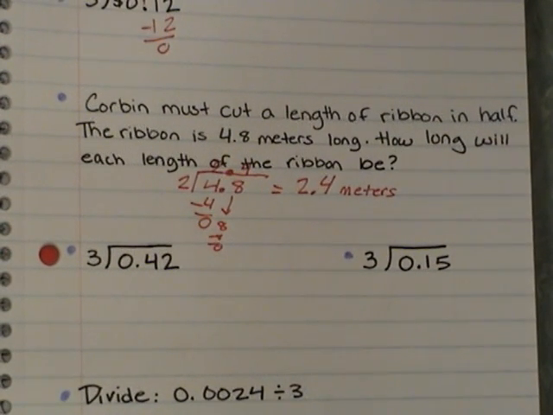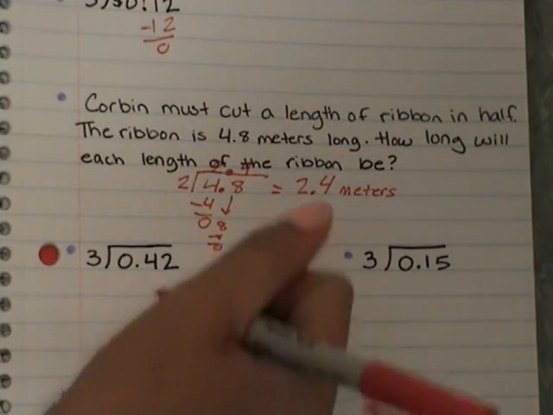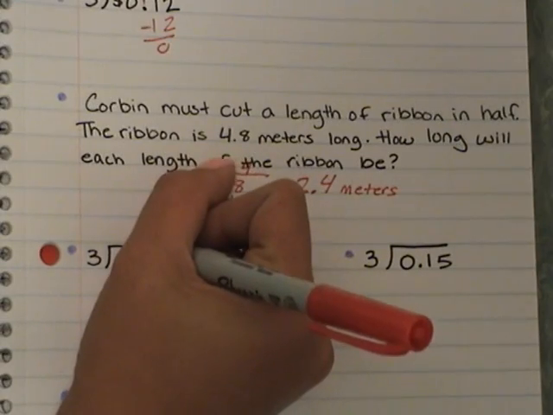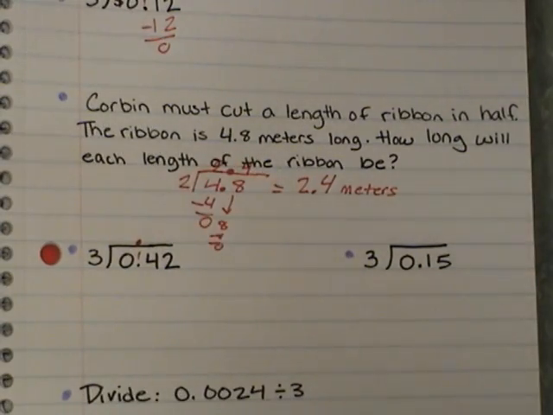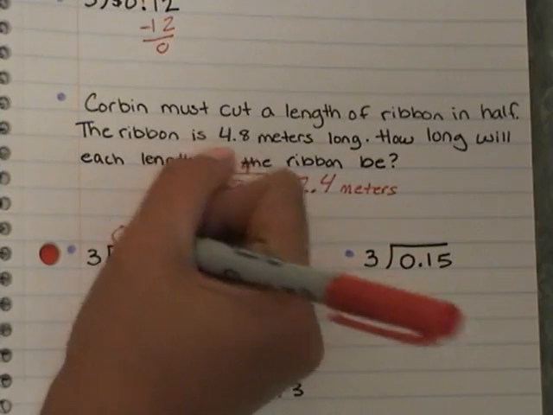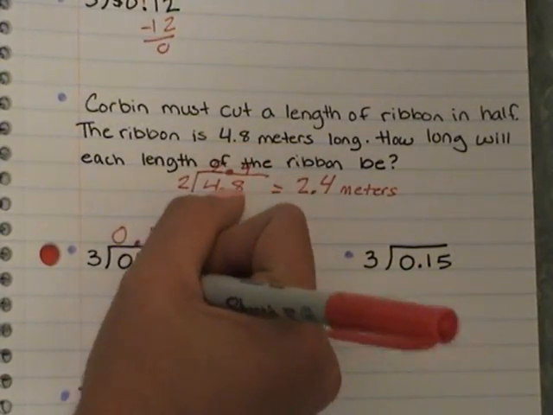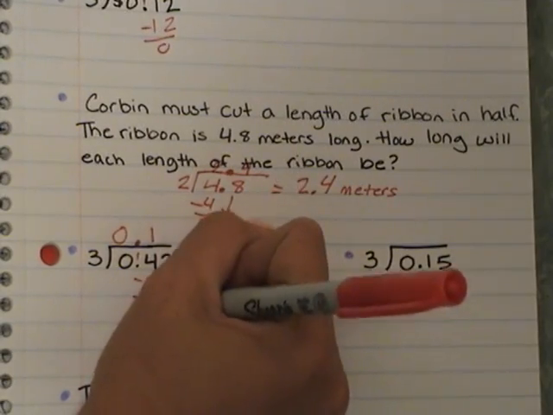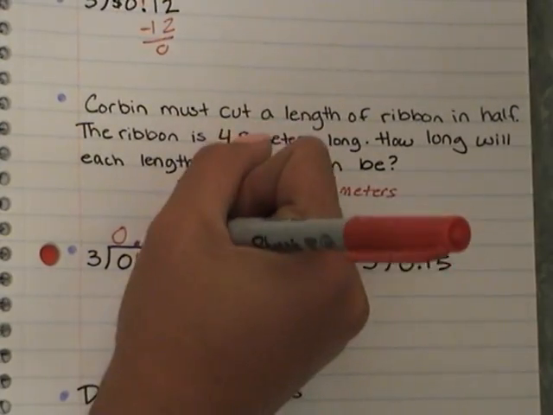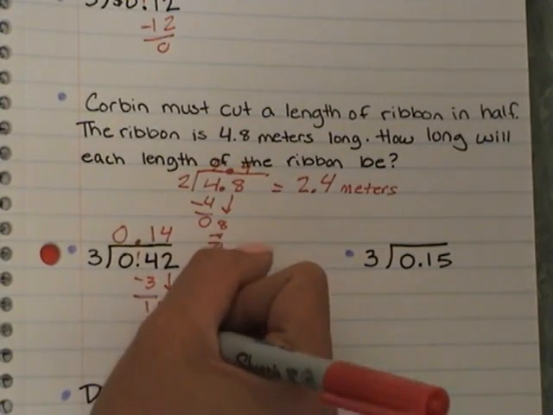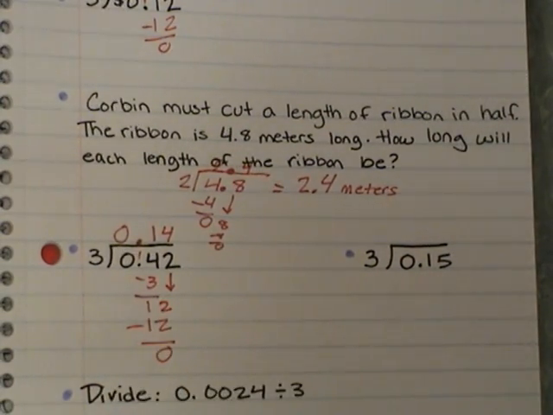Alright. Here are 2 problems. I want you to try to do them yourselves first, and then watch to see how I do it, and see if you get the same answer. For the first one, I'm going to raise my decimal point up, stick it in already, and then I'll say 3 goes into 0, 0 times. 3 goes into 4, 1 time. 1 times 3, minus, bring down my 2. 3 goes into 12, 4 times. 4 times 3, 12, minus 0.